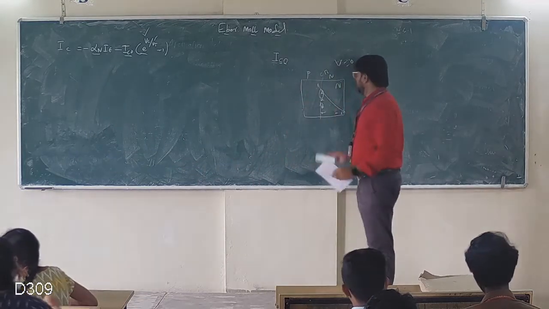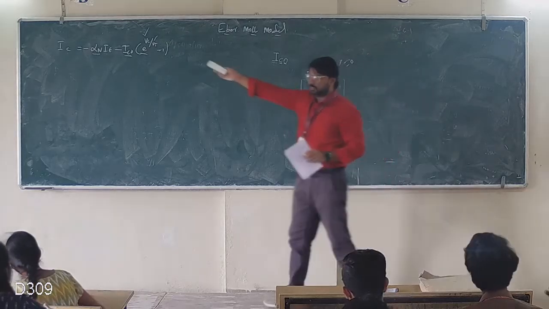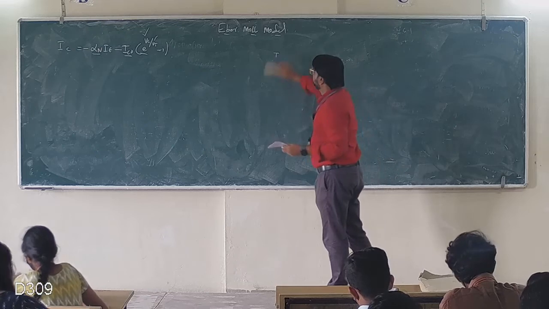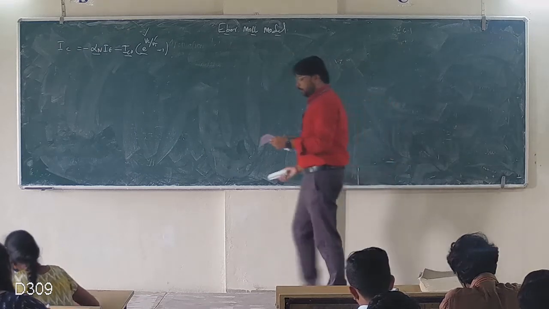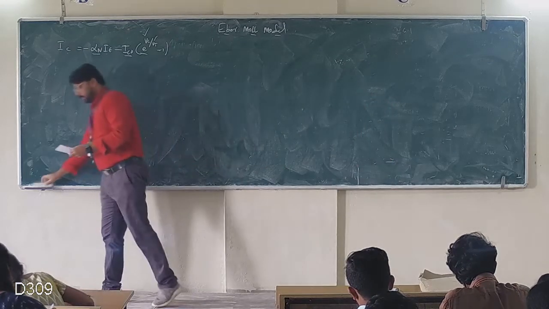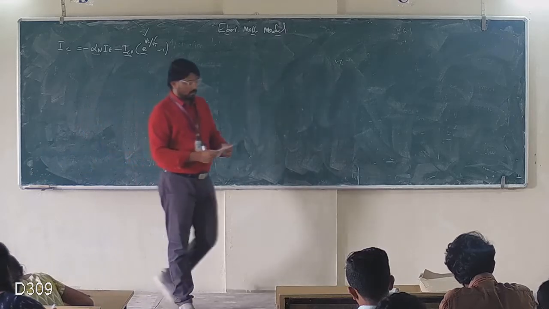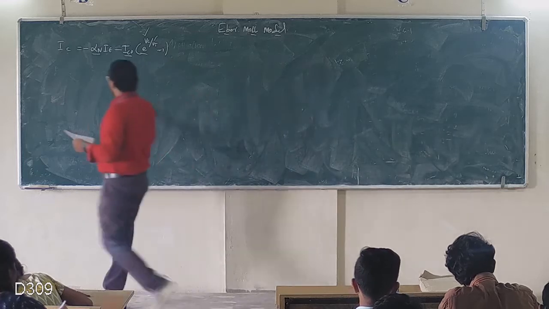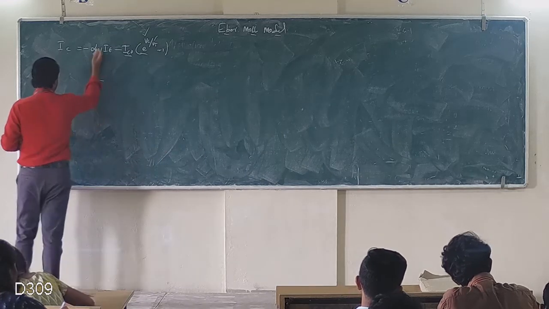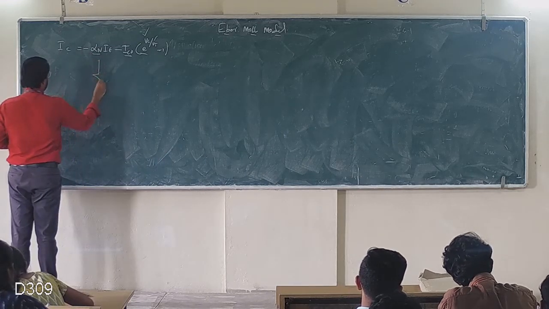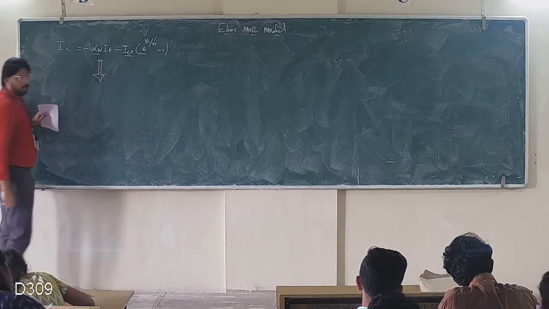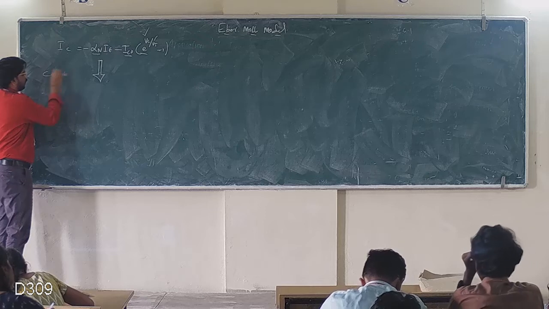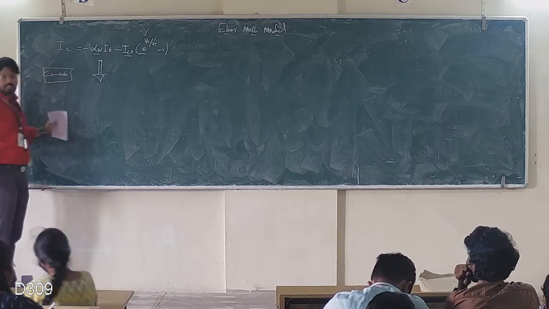Next line: in the Ebers-Moll model, the equation can be written as follows, because we have interchanged collector and emitter.